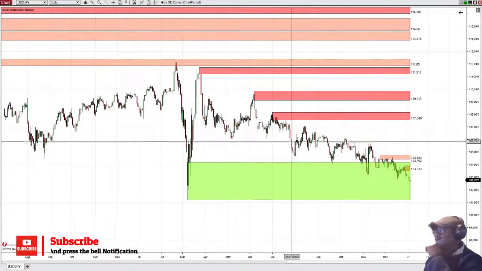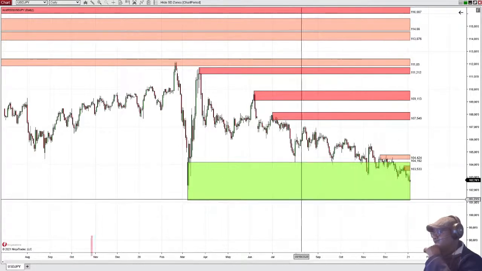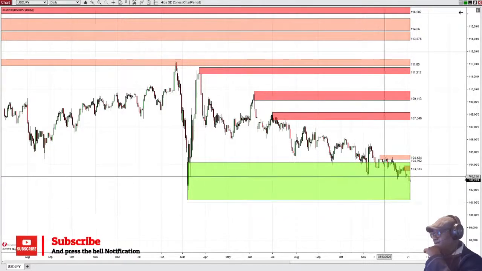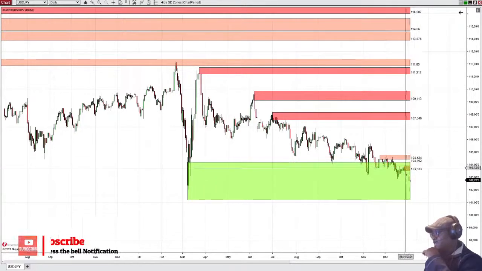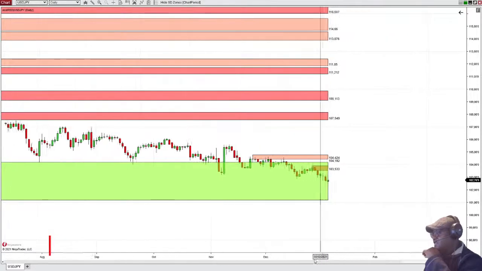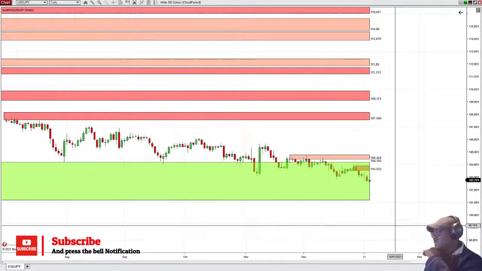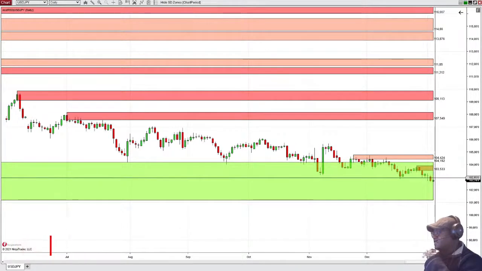Oh well, we can see on the daily, it's on the demand zone, and it's a very, very big demand. And in demand, there's also supply. So it wants to bounce back up.